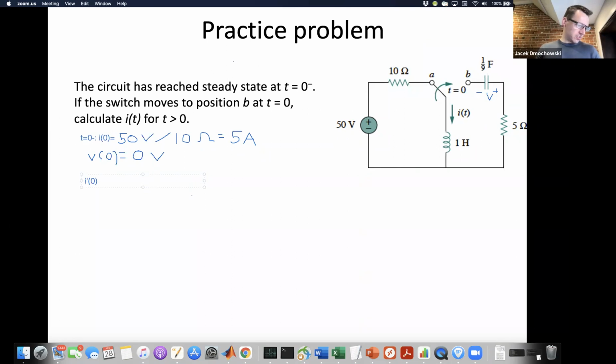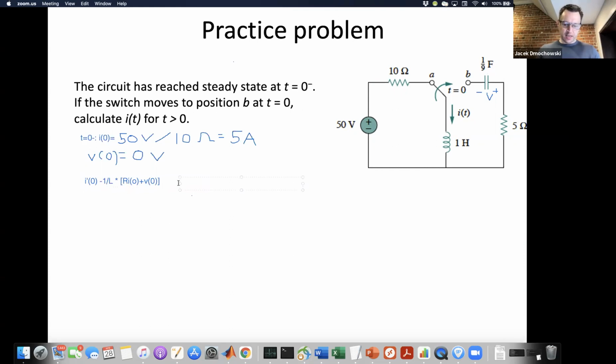This is that equation that I showed you before. So this is the equation that we want to use.